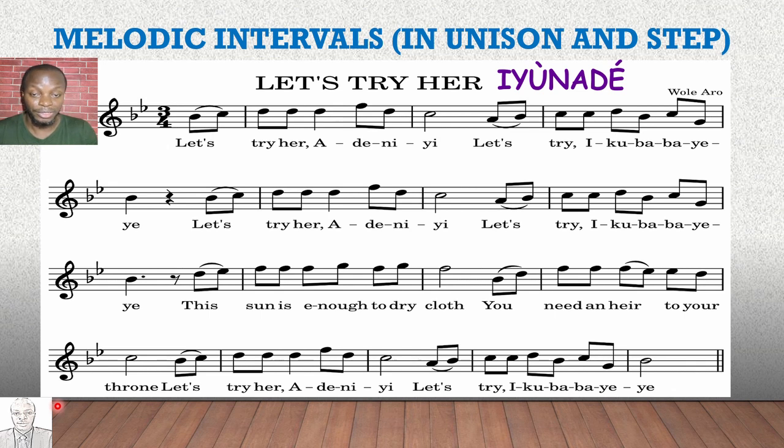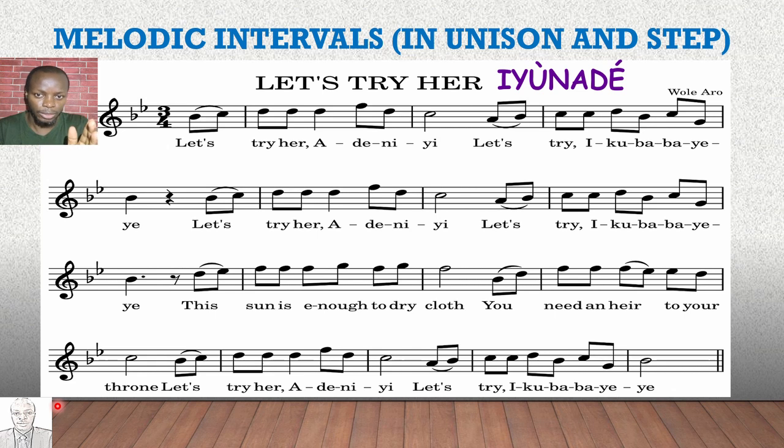Remember, unison is actually talking about the same note, right? And step is referring to an interval of a second. Remember, a second is a note and the next note above it, or a note and the next note below it, right? We have a step here. We also have a step here. This is a skip. These are unison, right?